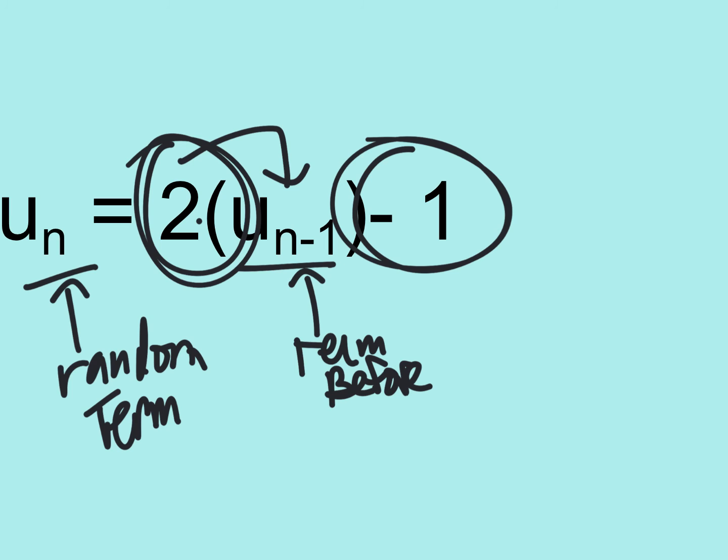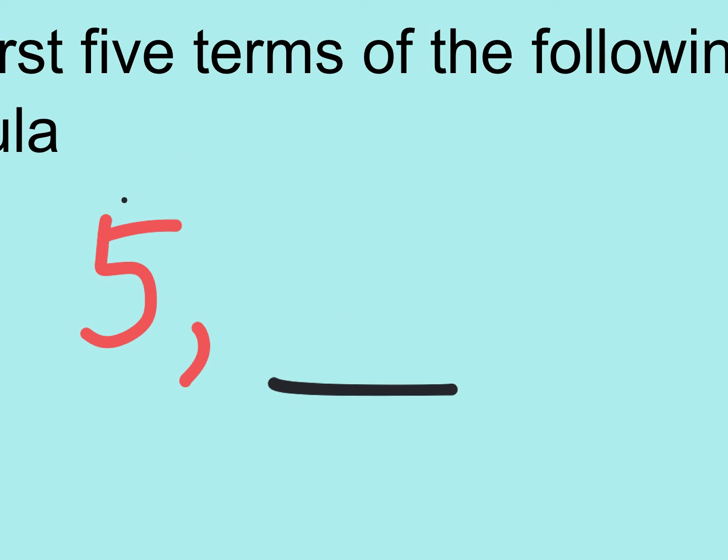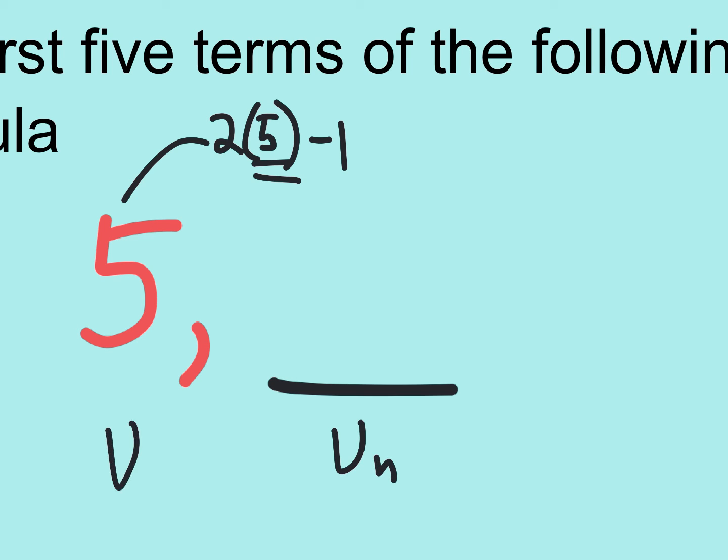So let's take 5, times it by 2, and then subtract 1. Again, it's 2 times this number, and then subtract 1. That's what they're saying, because that's the u sub n minus 1. Because this is like u sub n right here. And this is like u sub n minus 1, right in front of it. And so I take 2 times this, which is 10, minus 1 is 9, so it's 9.